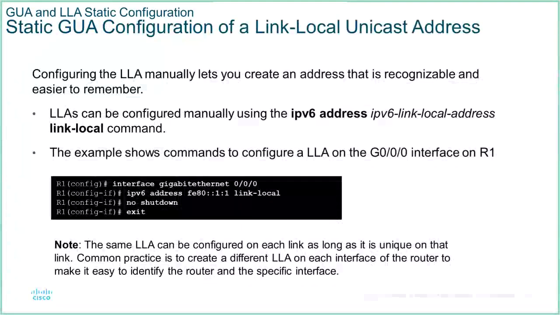Why you would want to do this, I'm not quite sure, but you can. If you want to manually override the one that's automatically been configured, you just do it manually, FE80, and specify that it's a link-local, and that'll override the unique address that was automatically configured.